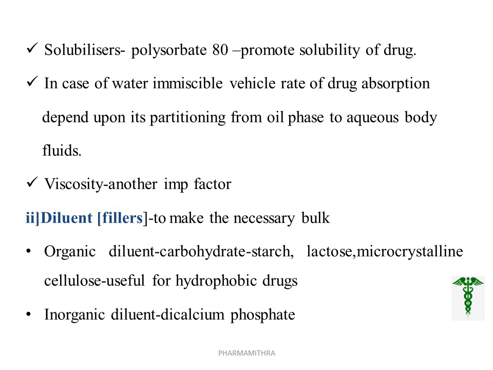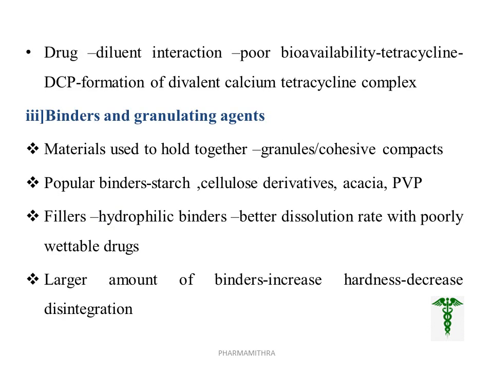A classical example of drug-diluent interaction resulting in poor bioavailability is that of tetracycline and DCP. DCP means dicalcium phosphate. Here the tetracycline and divalent calcium phosphate form a complex which is poorly soluble and unabsorbable.